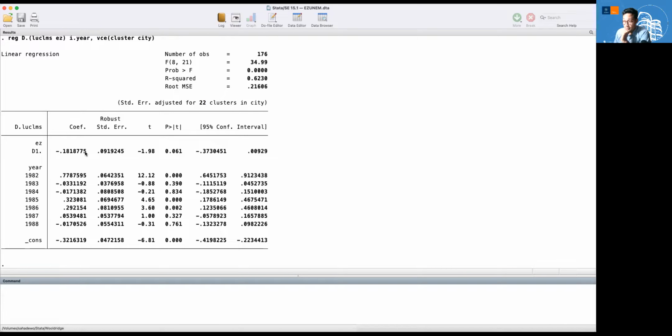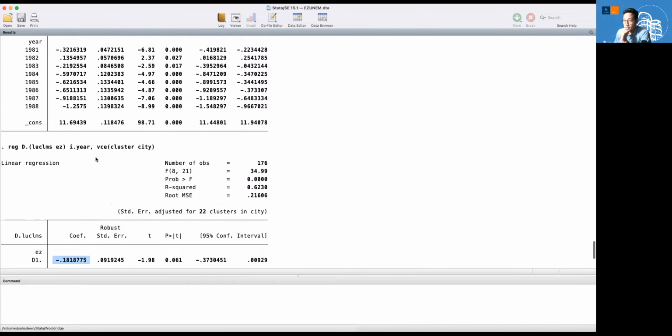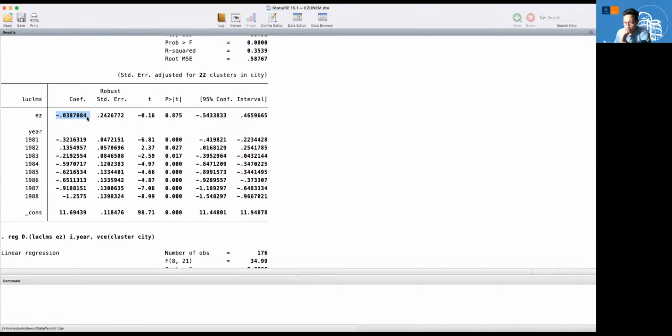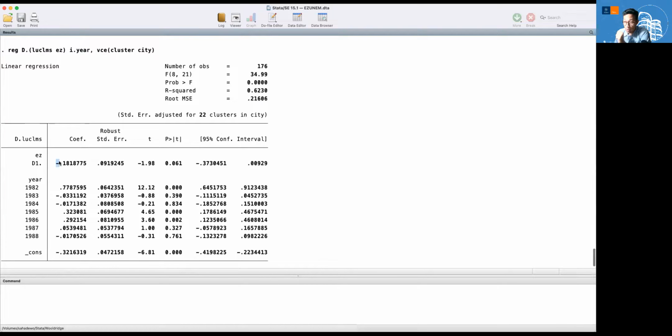Two observations. The first observation is that the estimated coefficient in absolute terms is now larger. In other words, the enterprise zone effect is now higher if you use the first differencing strategy.